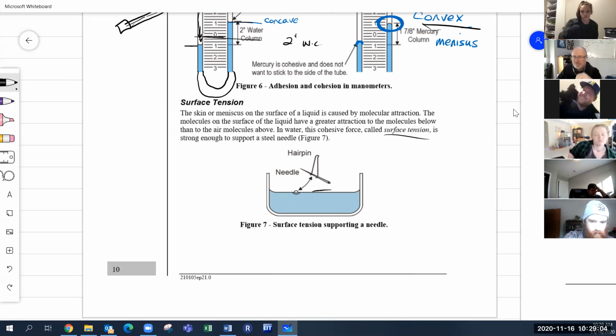Now, this is a cohesive force, not to be confused with what the mercury is. This surface tension that they're talking about has a cohesive force. So don't confuse that with the mercury.